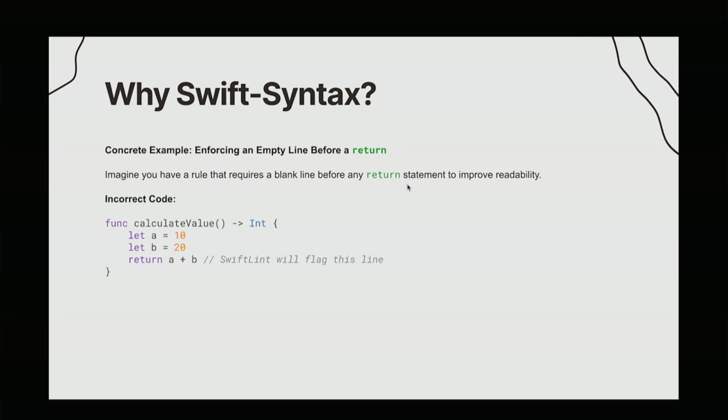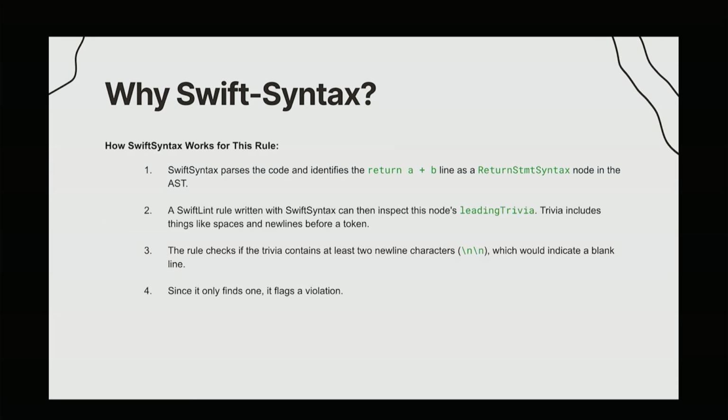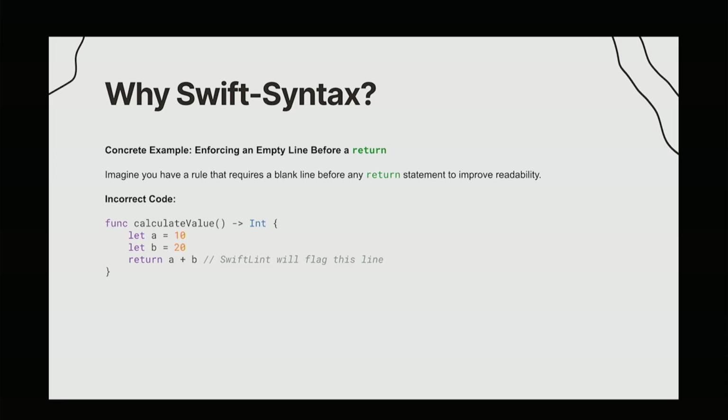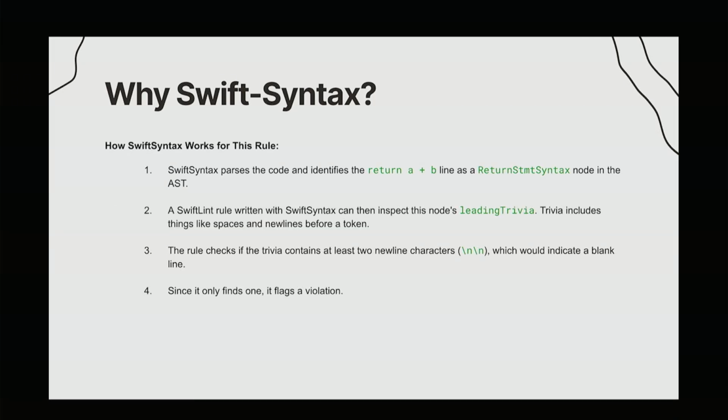If you're trying to enforce a return with an empty line, this would be incorrect code, because you have to have an empty line above the return. There is a statement syntax in the SwiftSyntax package which helps ensure that you have an empty line, or else there will be an error.